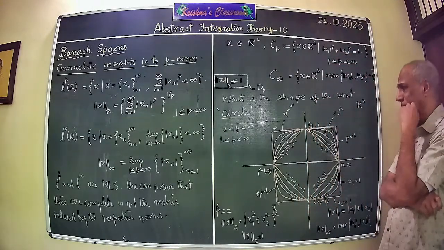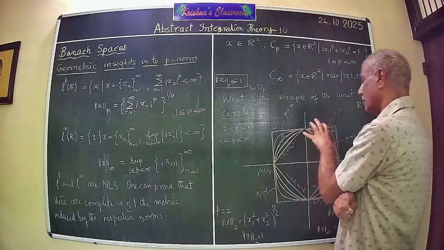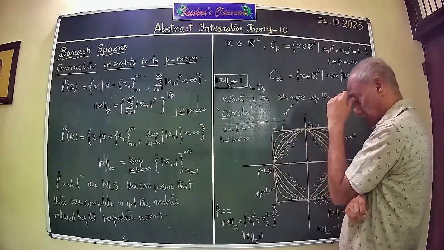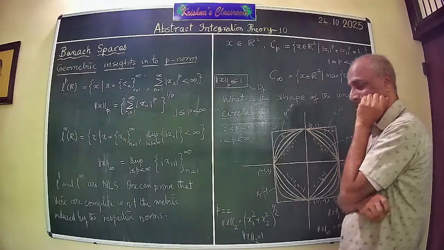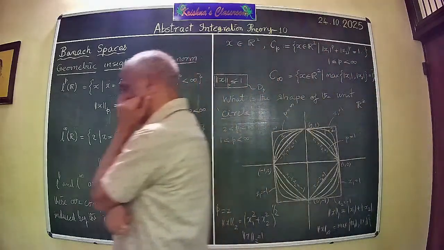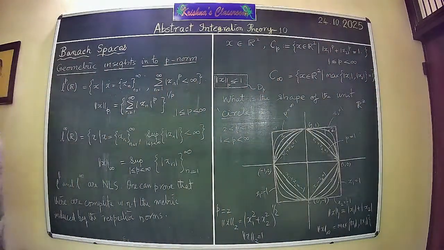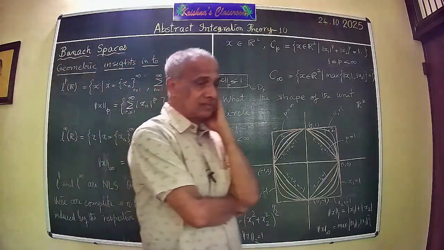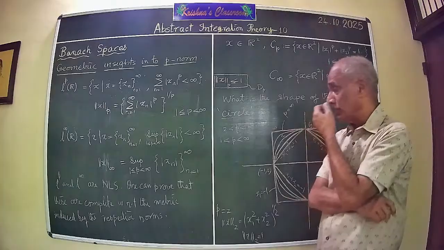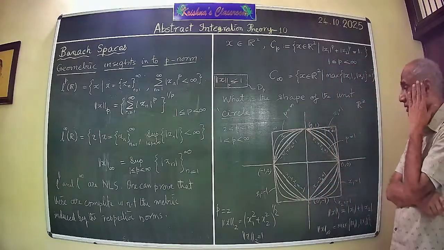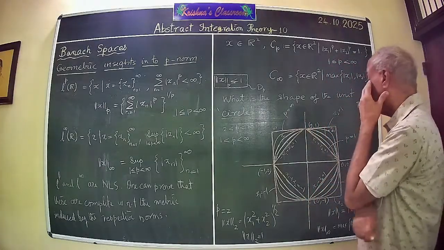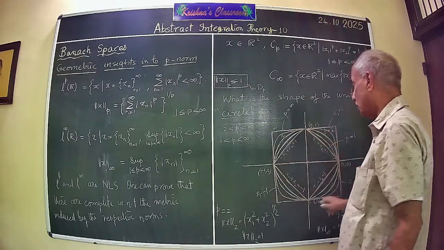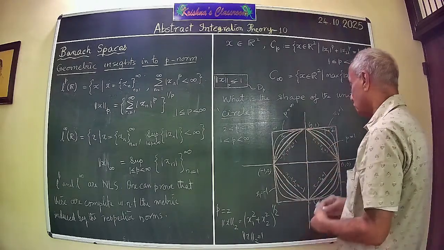But once again, see, although this picture does not have any relevance for that, it will give you some insight into how the unit ball in these spaces would essentially look like. Okay, you are working out the unit ball. Now you can see that the unit ball for P equal to 1 is contained in the unit ball for P equal to 2.